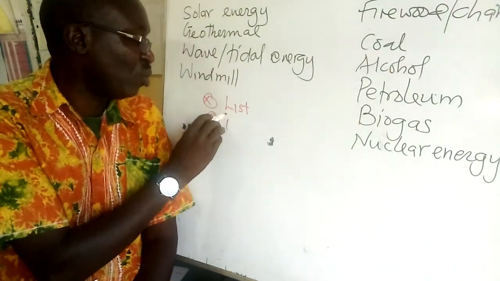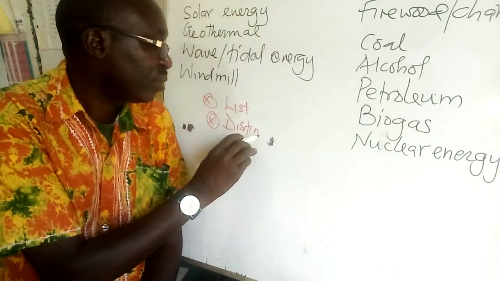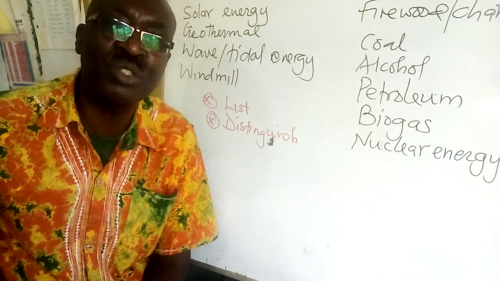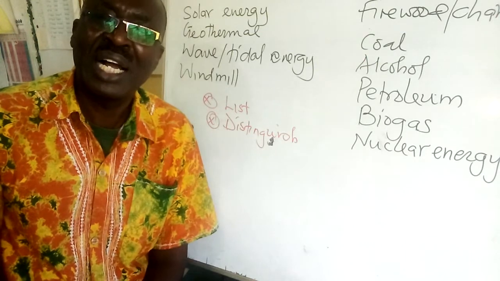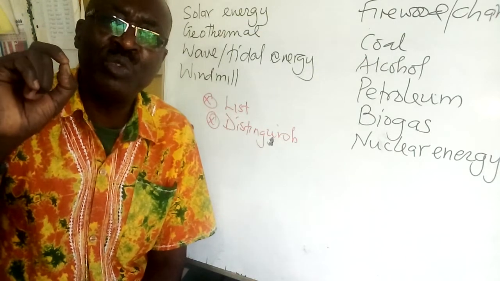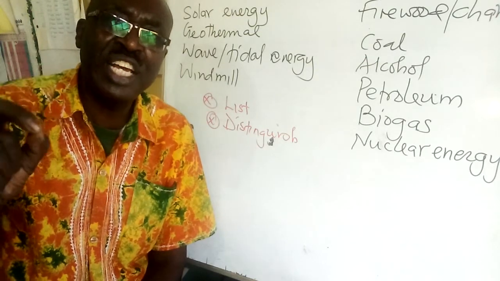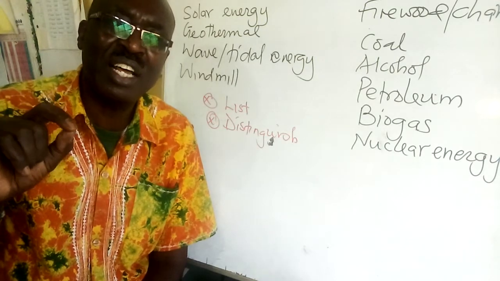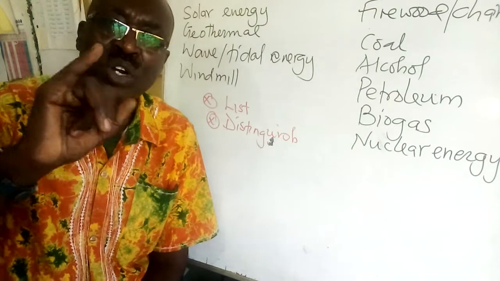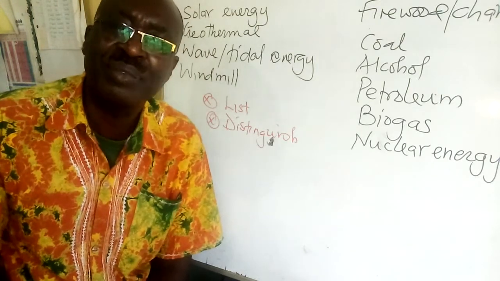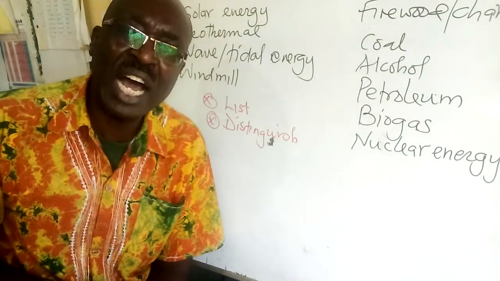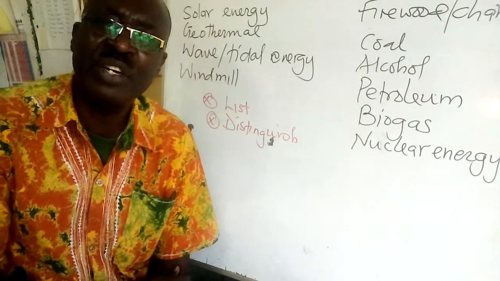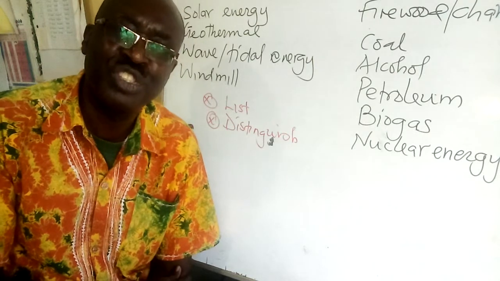I can ask you also to distinguish. So in this introduction, before you finish the day, before you retire, ask yourself if you know what the main sources of energy are, what are renewable and non-renewable sources, and do I know how to distinguish?